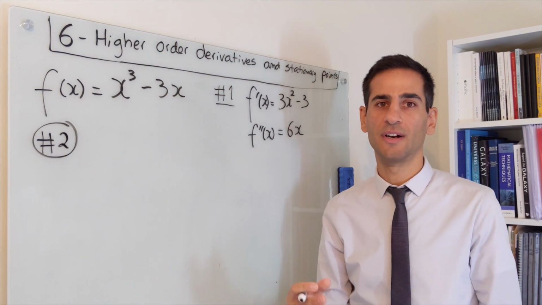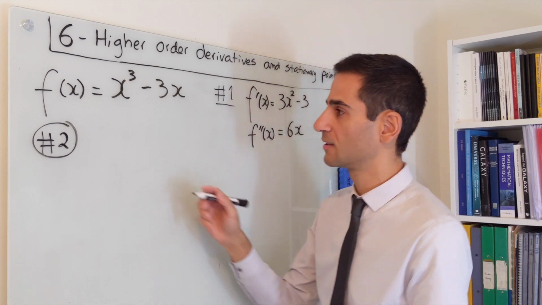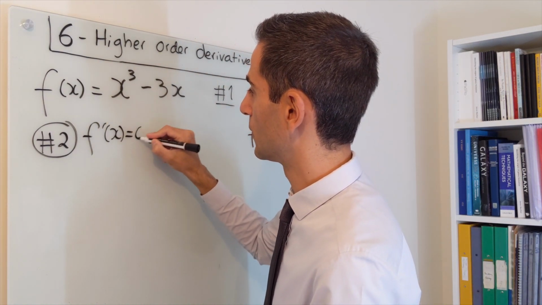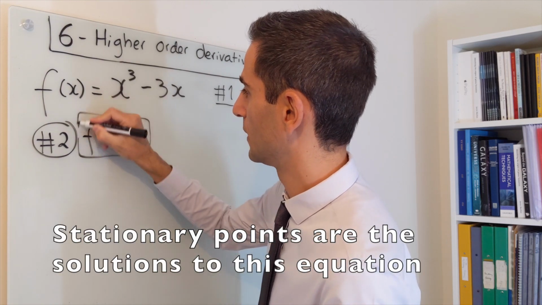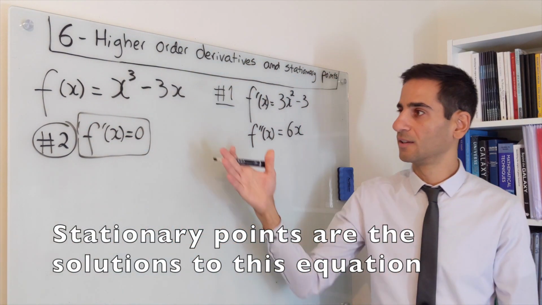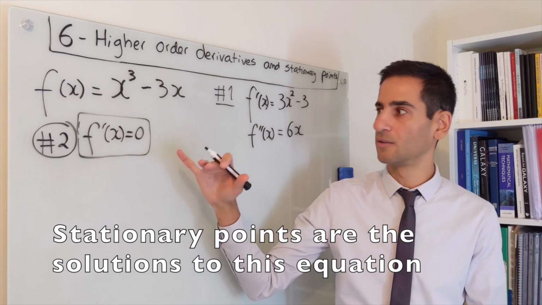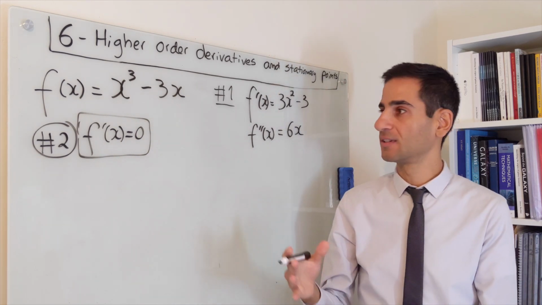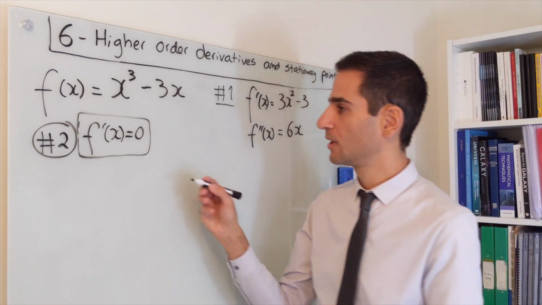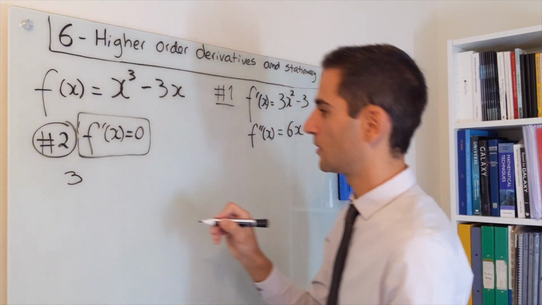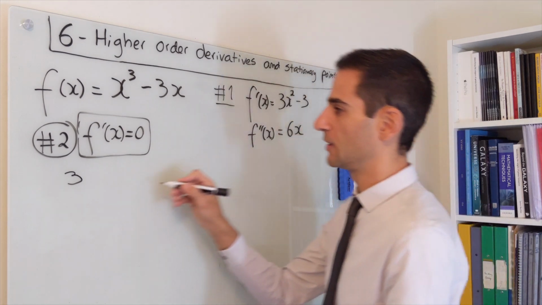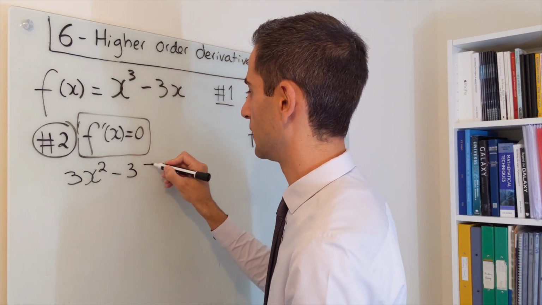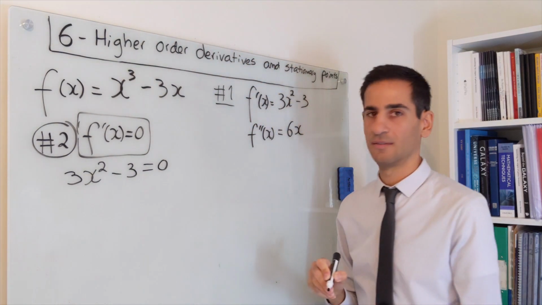is you want to find the stationary point. This means finding a solution or solutions for an equation of this type. You want to find the solutions, the points x for which the first order derivative is equal to 0. For this specific concrete example, we want to solve the equation 3x to the power of 2 minus 3 equals 0.